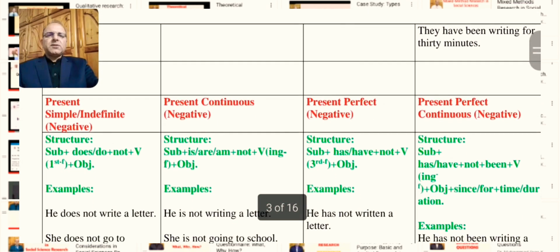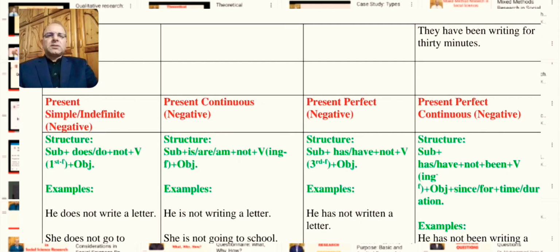Now the present tense in negative form: present simple or present indefinite negative, present continuous negative, present perfect negative, and present perfect continuous negative.